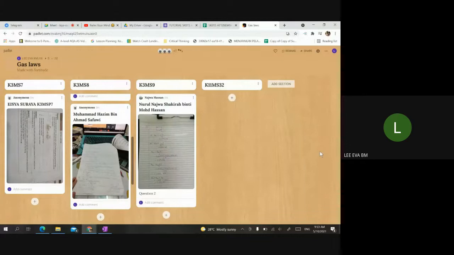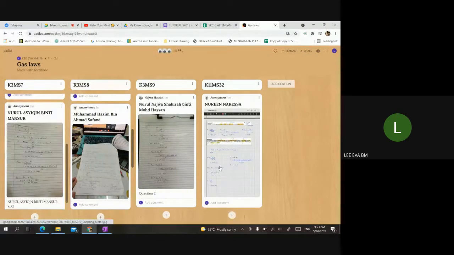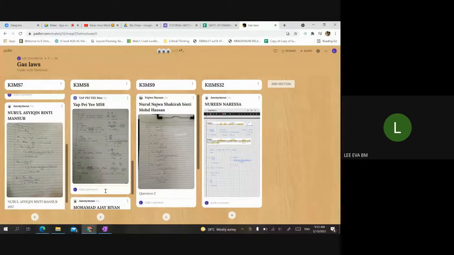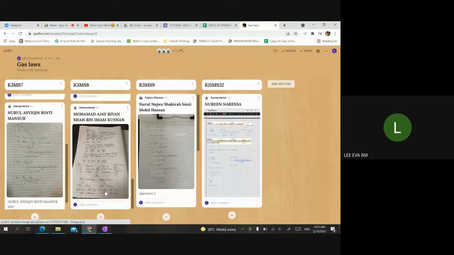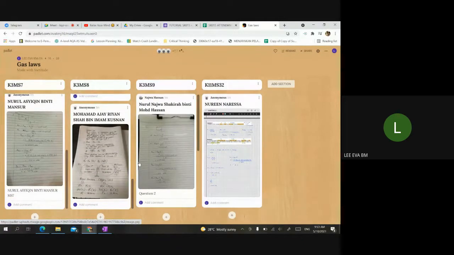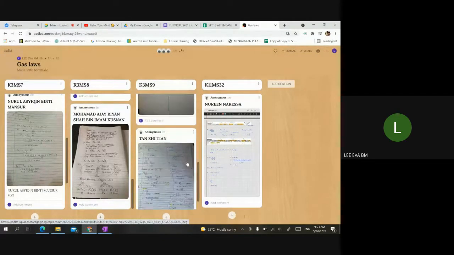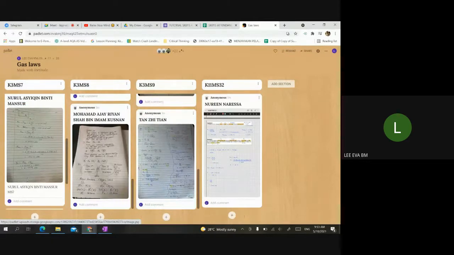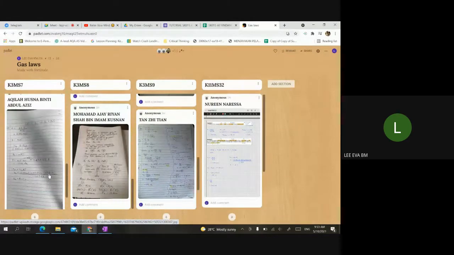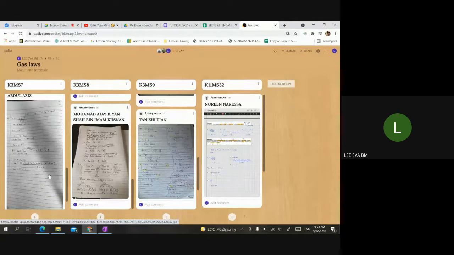Keep on doing. Ashikin. You got Nuri. Cantik. Gemas. Okay, who else? Pei. We got AJ1. Okay, over MS9 I have Hannah. Very neat. Zitian. What else we have got? Akila, Husna. Very good.